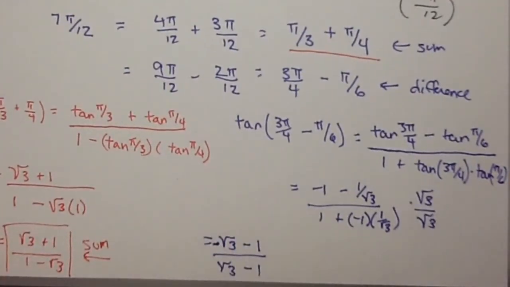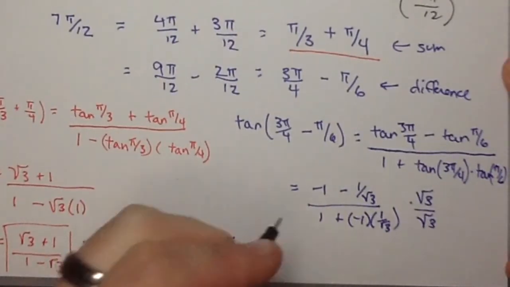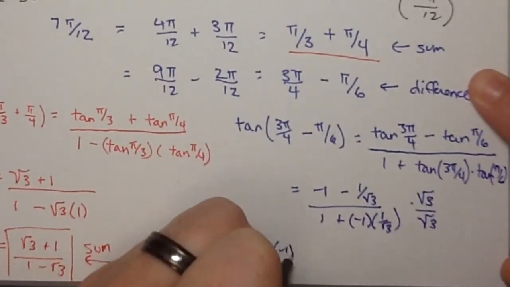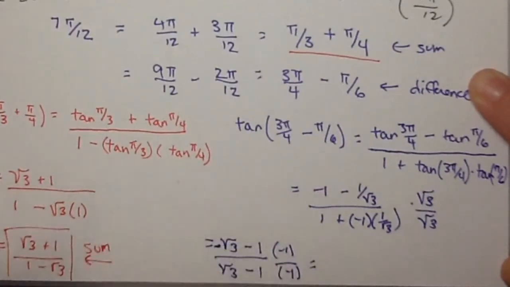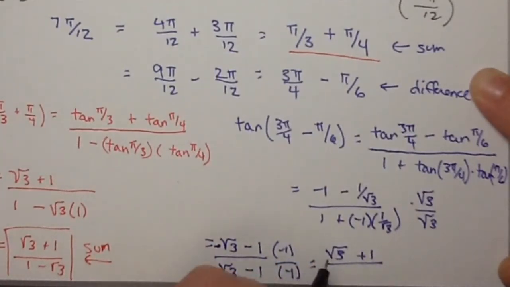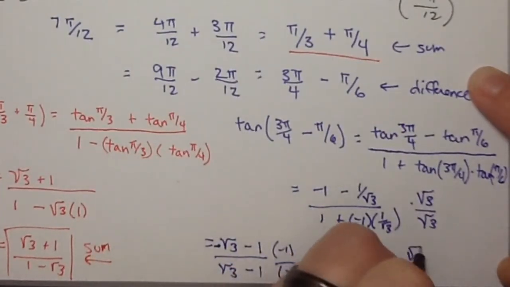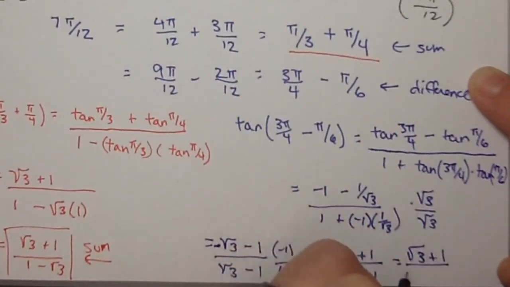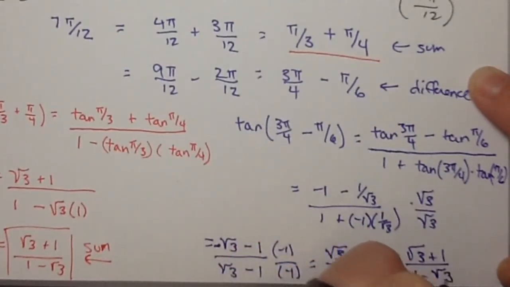Whew, those don't look the same. So then we're going to multiply top and bottom by negative 1. So this becomes the square root of 3 plus 1 over negative square root of 3 plus 1. Oh, it's the same. So that's the square root of 3 plus 1 over 1 minus the square root of 3.